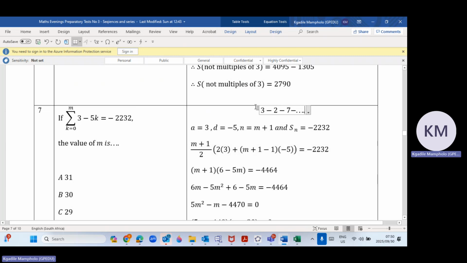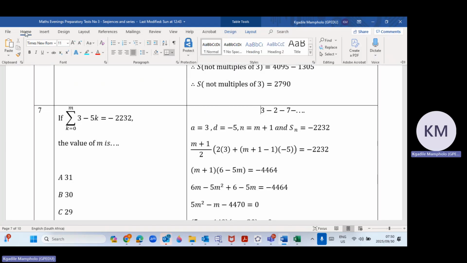If you check here, minus 2 minus 3, the answer will be minus 5. Then A is 3, D is minus 5, n is m plus 1 minus 0, which is m plus 1. Remember, like I told you, n is always this one on top plus 1 minus our index of summation. So it's m plus 1 minus 0, then n will be m plus 1.